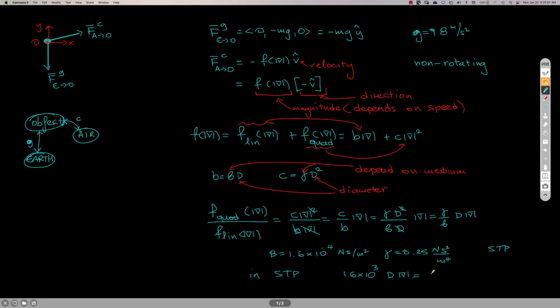This is your ratio, F quadratic over F linear. Both of them depend on speed.